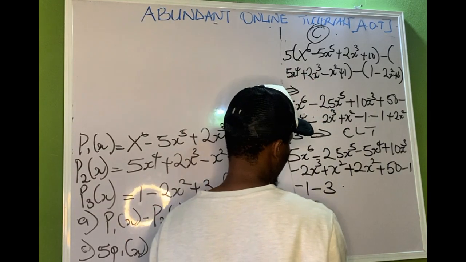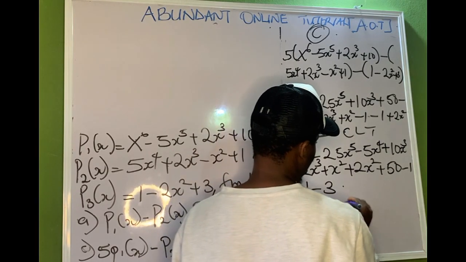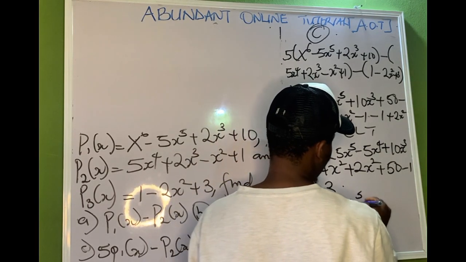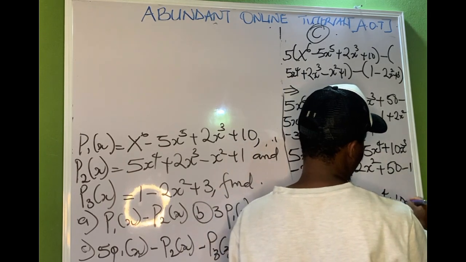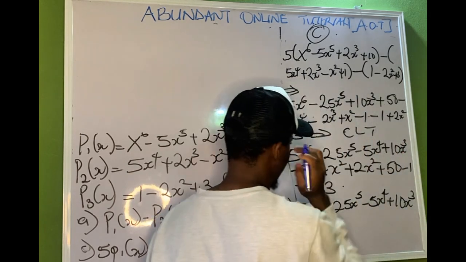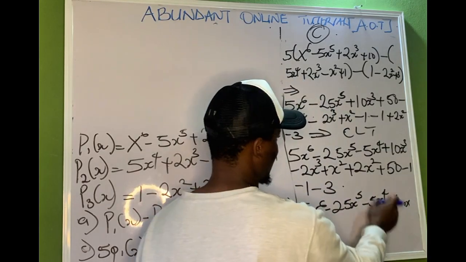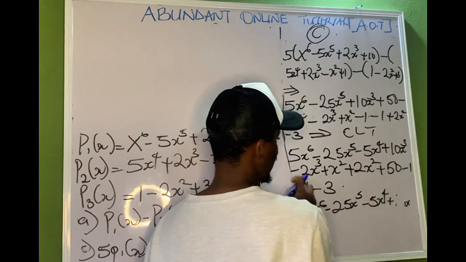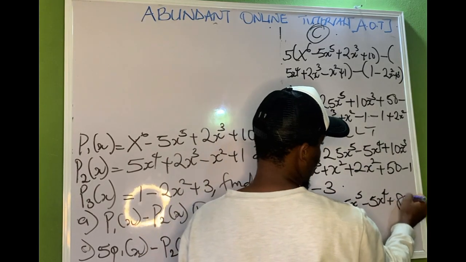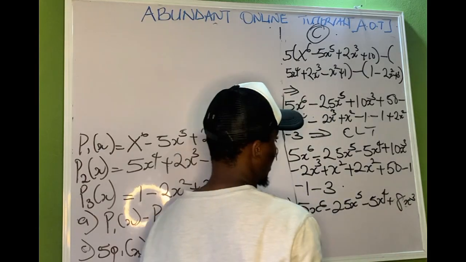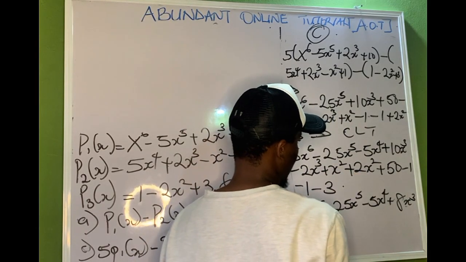Let's join them together. x^6 minus 25x^5, then minus 5x^4, then plus 10x cubed, plus 10x cubed minus 2x cubed will give me plus 8x cubed. Then x squared plus 2x squared is also the same thing.